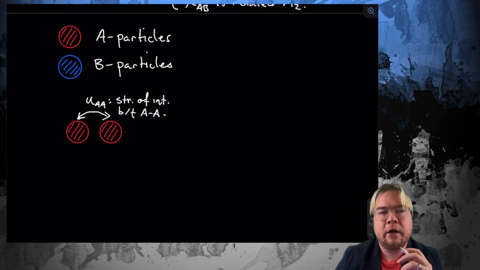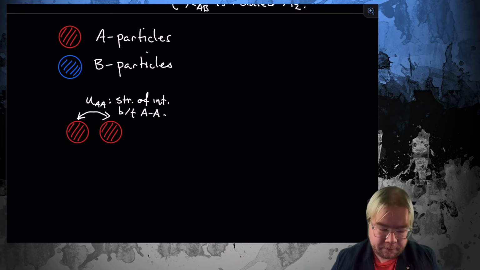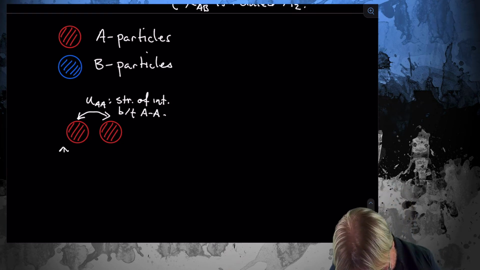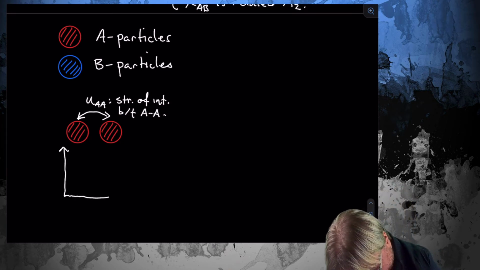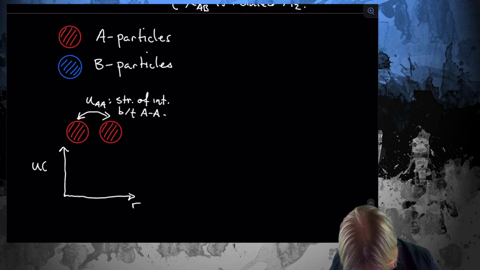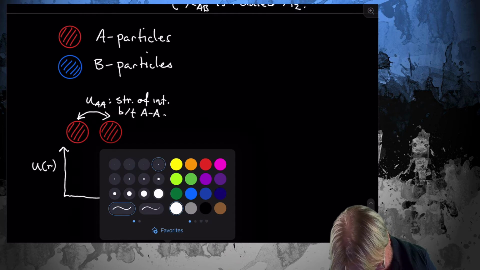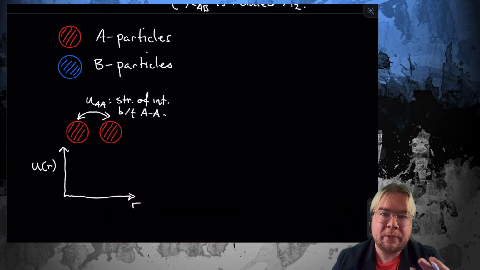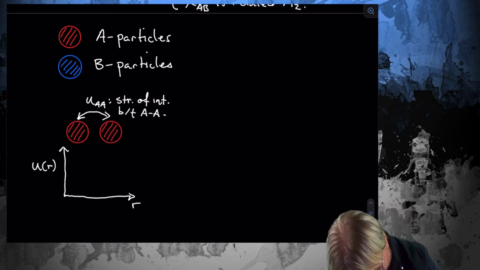And what I can also do is I can plot it schematically, because in general, these interactions will take a certain shape. So if this is R and this is U of R, then as you saw in the homework, a common way of describing this interaction would be with something like a Lennard-Jones potential. And the shape of that Lennard-Jones potential will look something like this.